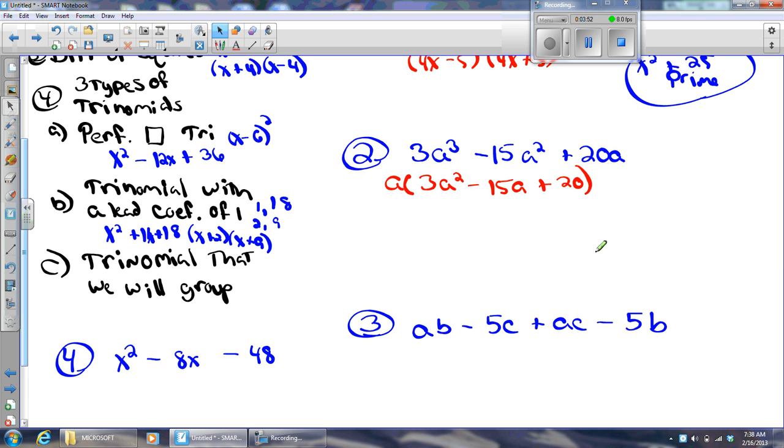Now, I'm going to take the coefficient 3 and the constant 20 and multiply them together and get 60. I must not be in draw mode. And so I'm going to list the factors of 60. Now, remember, I'm looking to add, because this is plus, to get negative 15.